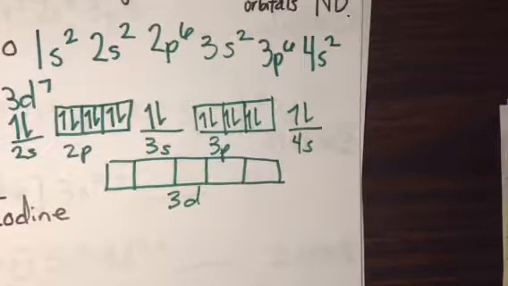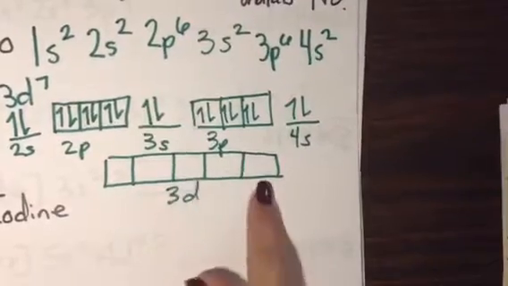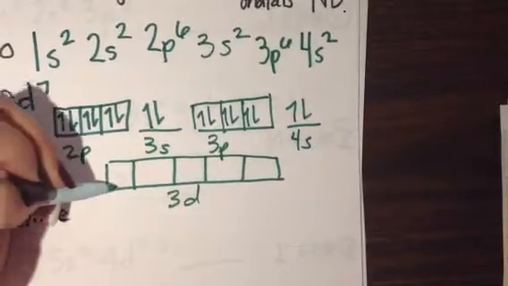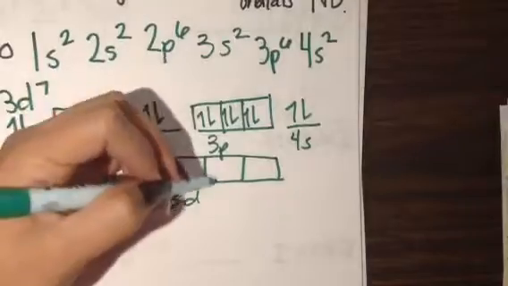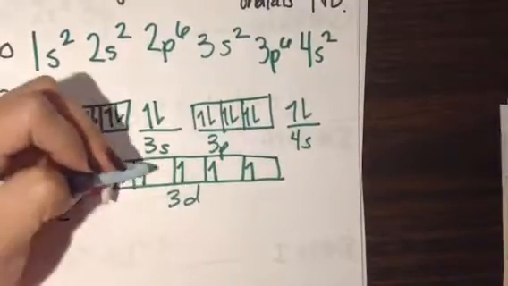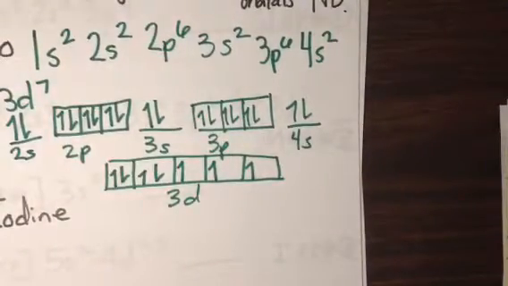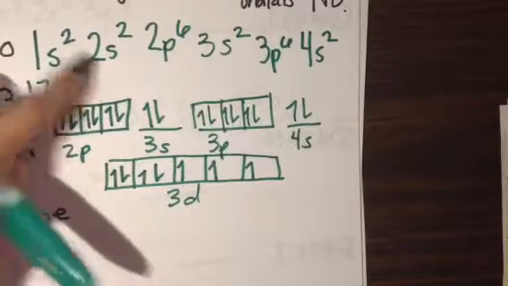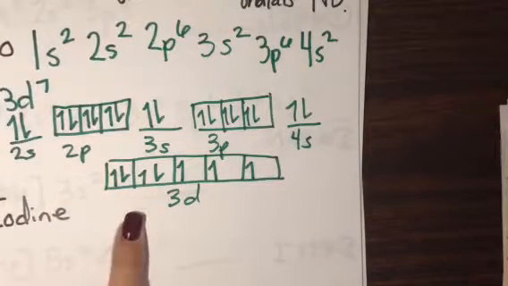The rule is you have to fill up every box at least once before you can double up. So 1, 2, 3, 4, 5, 6, 7. And that's it. If you know how to get these letters and the exponents, then you know how to do the boxes.